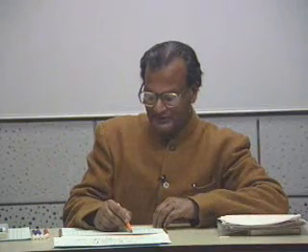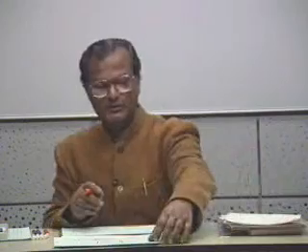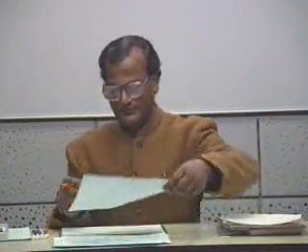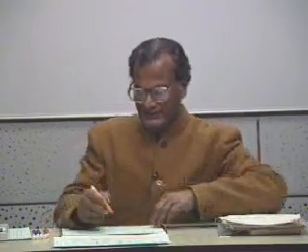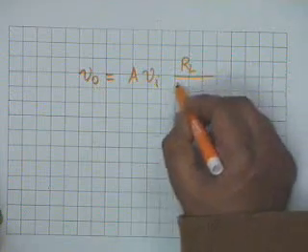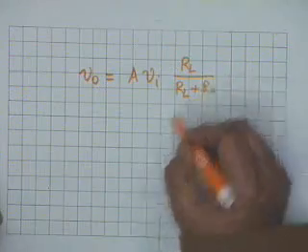Now in a real amplifier, if you want to find out V0, the output voltage that is developed across the load RL, you notice it is a voltage division between R0 and RL, and therefore this is equal to A Vi RL divided by RL plus R0.